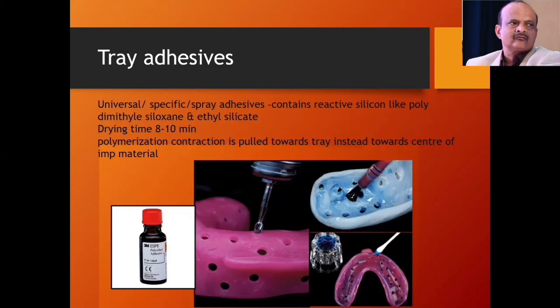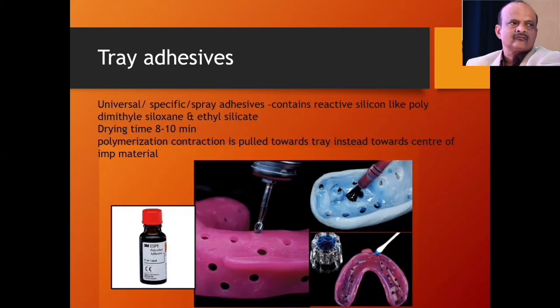The tray adhesives are universal tray adhesives, specific tray adhesives, or spray adhesives, which may contain reactive silicone like polydimethyl siloxane or ethyl silicate. They should be applied around 8 to 10 minutes before, and most of the time students do make a mistake of applying it and going for manipulation of material immediately.